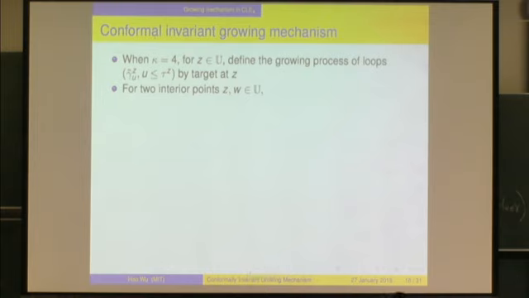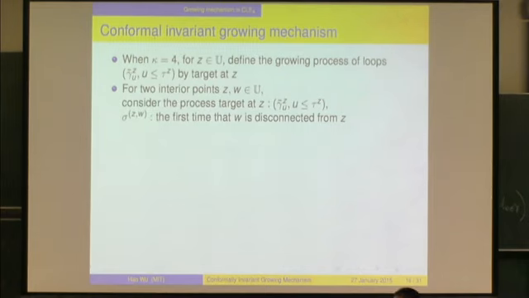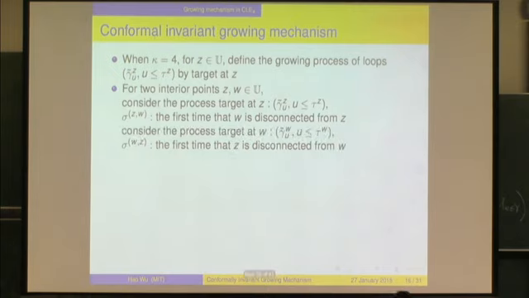So now we have two interior points. We generate the sequence of loops from the bubbles first by targeting at Z. And we also have another process of bubbles mapped back into the region, and it corresponds to a sequence of loops targeting at W. And the previous observation tells us that for these two sequences of loops, up to the first time that the two target points are disconnected, the two sequences have the same law.